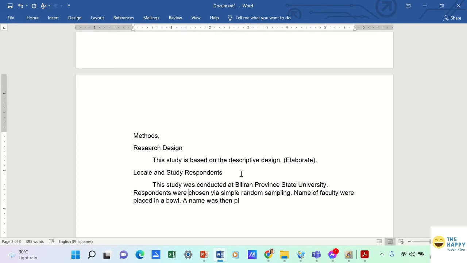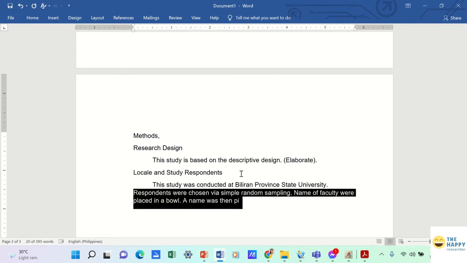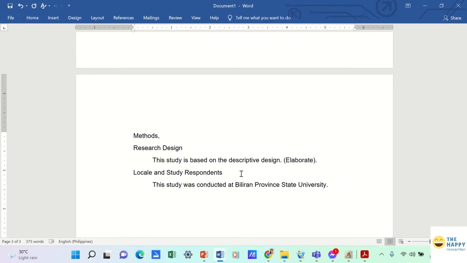Most of the random sampling designs are used in quantitative methods, while non-random designs are used in qualitative methods.